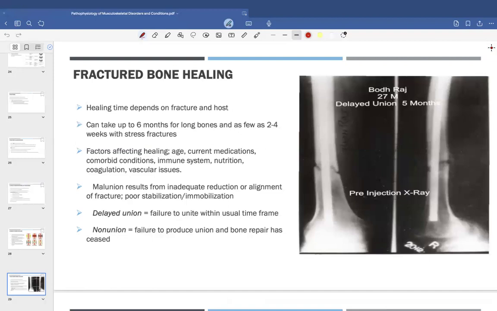And it may be nothing that the physician did. It's just the patient's own body. So a delayed union is when it doesn't heal within the expected time frame. A non-union is when it just doesn't heal.